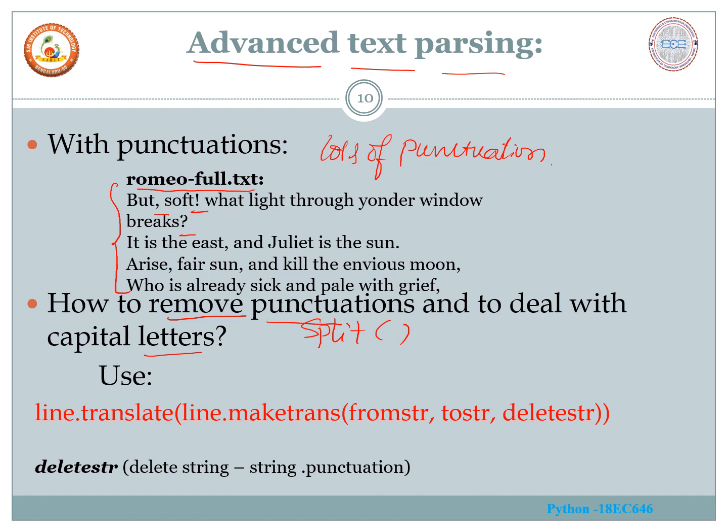Say for example, if I have a word soft, and I write this soft again, now this is the first word and this is the second word. These are different words, and you can create a separate dictionary entry for each word.